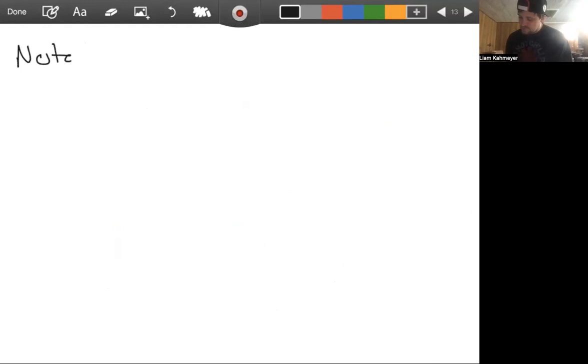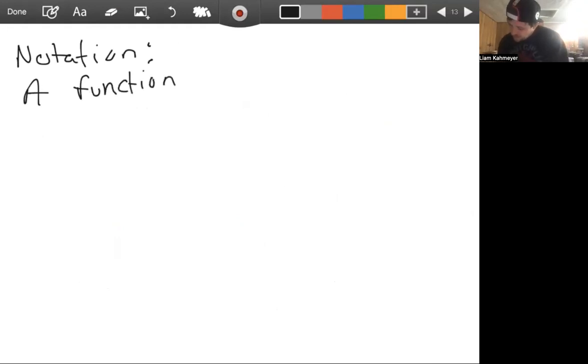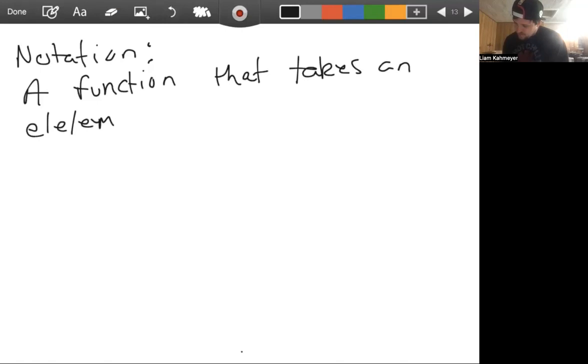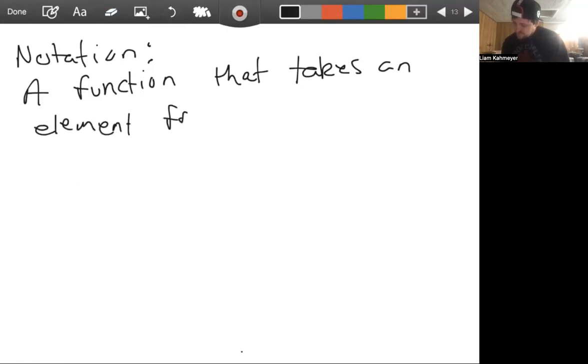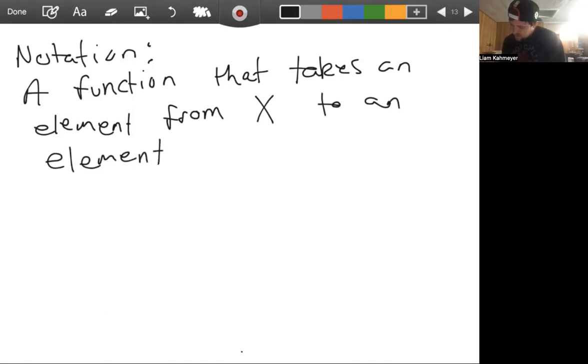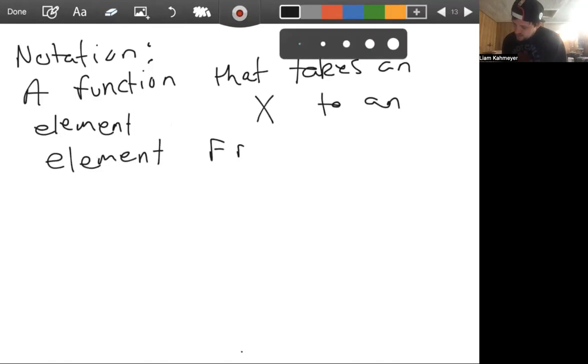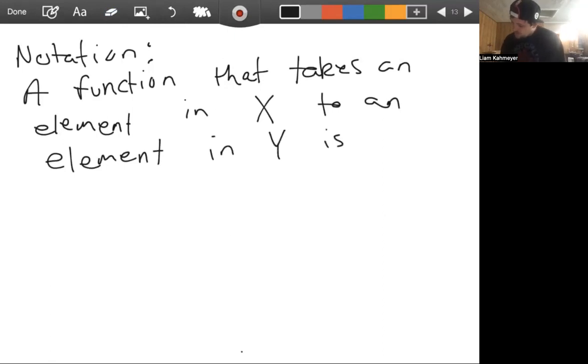So here's some notation. A function that takes an element from, let's say, an element in X to an element in space Y is written as, and so we say F is a function from X to Y, right?